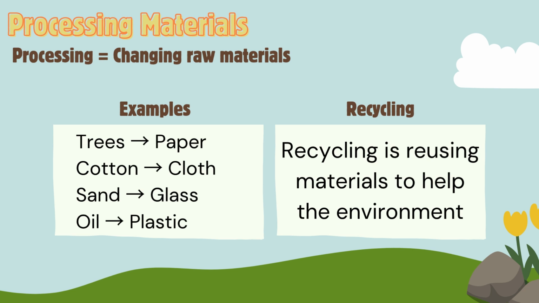Recycling also helps us reuse materials and protect nature. So here are a few examples. The trees are cut down, the wood is processed, and then it turns into paper. Cotton is turned into cloth, sand is turned into glass, and oil is turned into plastic.